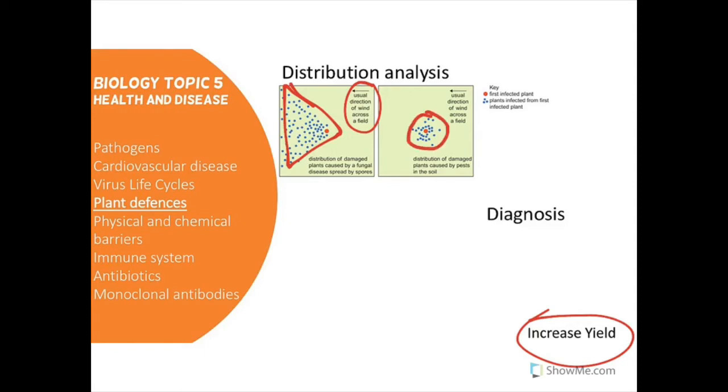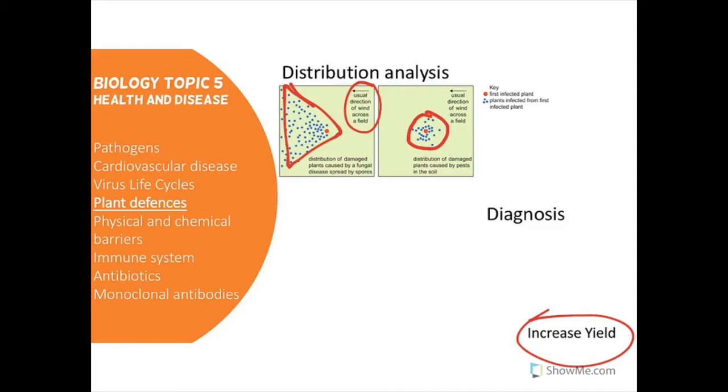If it's spread now from a central point, this could be a pest which is breeding in one plant, or a bacteria breeding in one plant, and then it's getting to a certain number and then spreading to the plants immediately around that first plant.